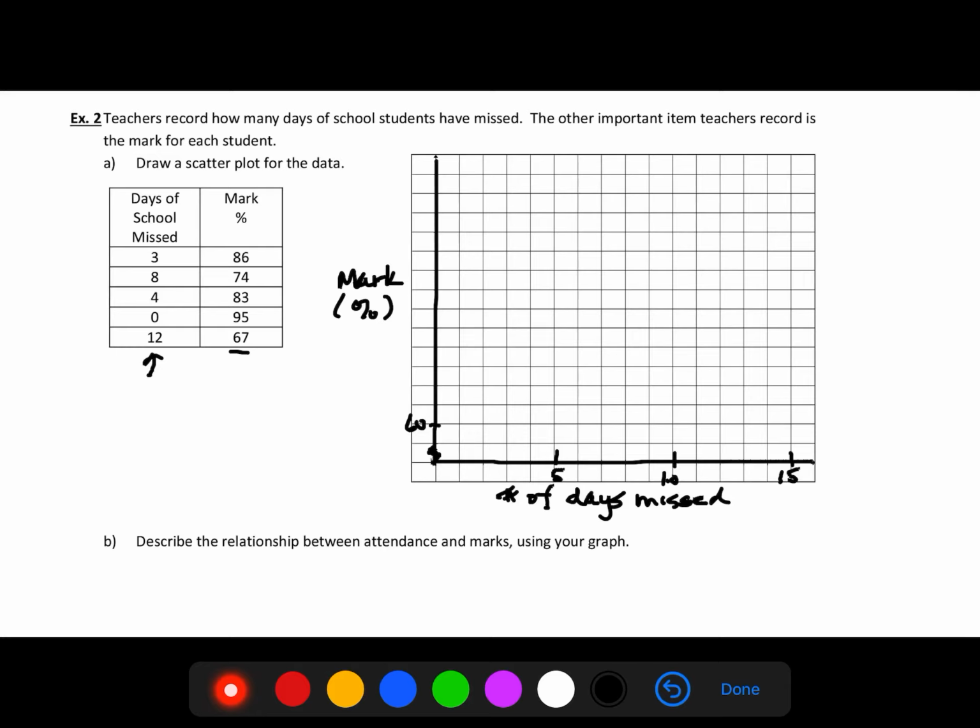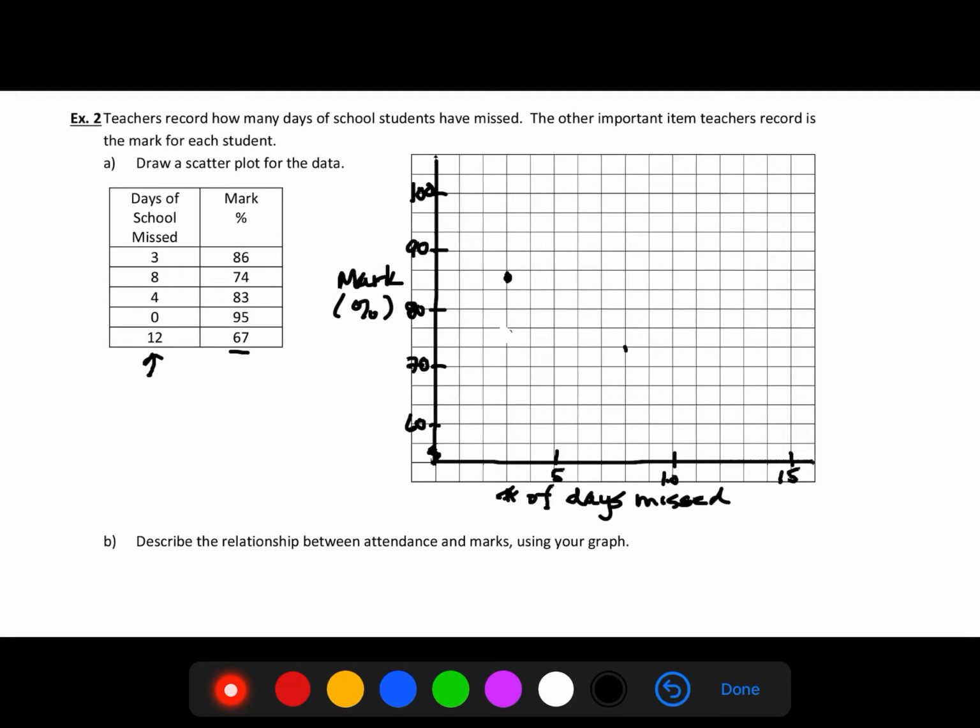So we put our little lightning bolt or squiggly at the beginning here to show that we have skipped some of the data on the y-axis that was irrelevant. We're going to start at 60 and label up to at least 95, so we may as well go to 100, and every 3 blocks is 10%. We want to spread out the data a little bit without running out of room.